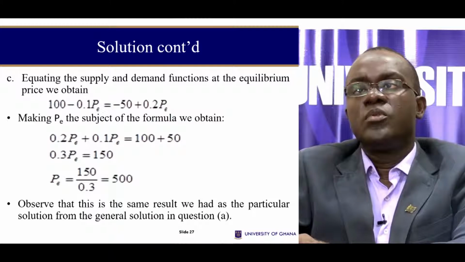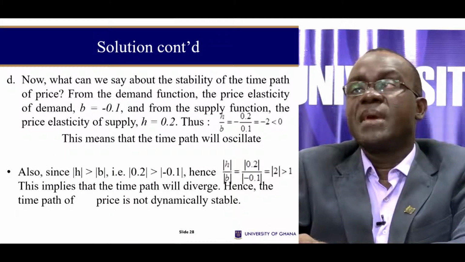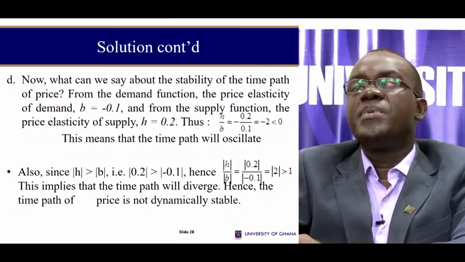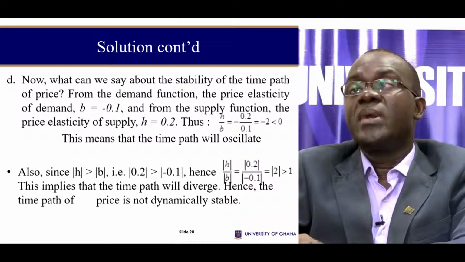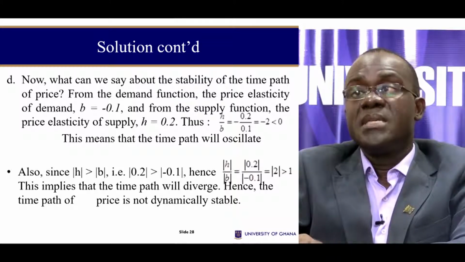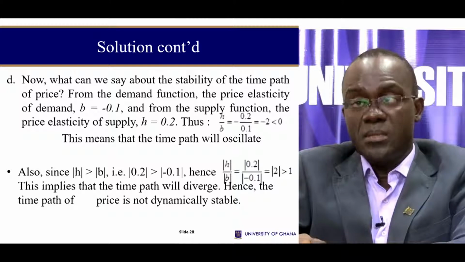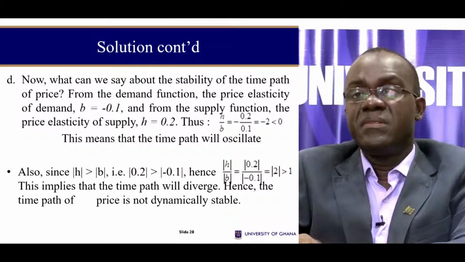Now, the next point is to investigate the dynamic stability. Now, H over B here is 0 minus 0.2, divided by 0.1, and we get -2, which is less than 0, suggesting that the time path will oscillate, go up and down, positive, negative.